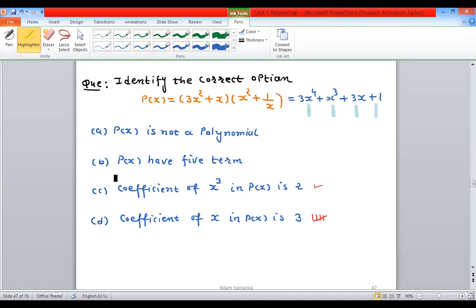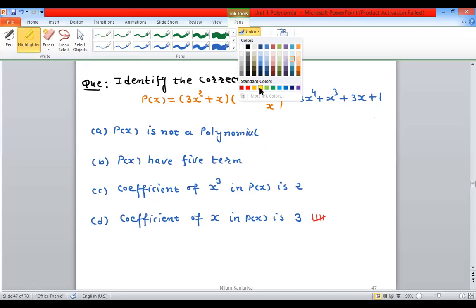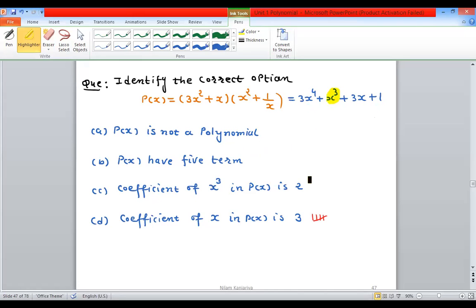It has 4 terms, so this option is again not satisfied. Move on to the third option. The third option says the coefficient of x cube is 2. I focus on the coefficient of x cube, whose coefficient is 1, not 2. So again, this polynomial does not satisfy our properties.